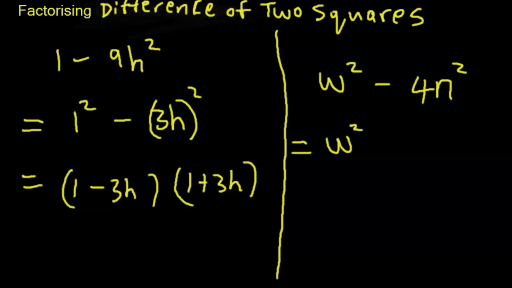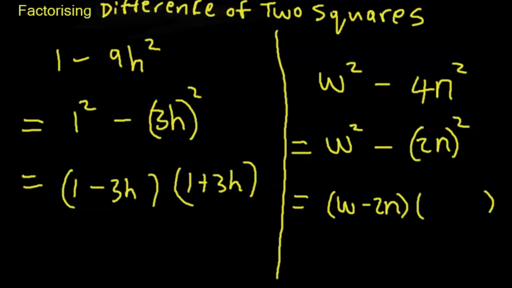We have w squared, and 4n squared can be written as (2n) all squared, and therefore now we form our brackets. And what do we have now? We have w minus 2n, and we have w plus 2n.